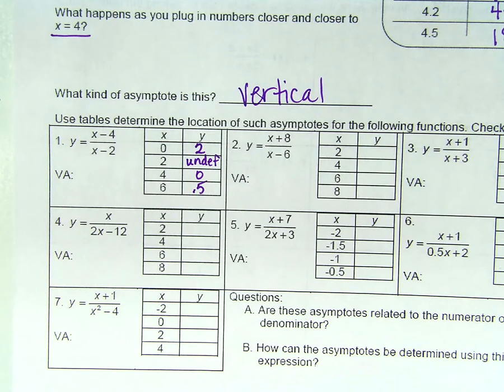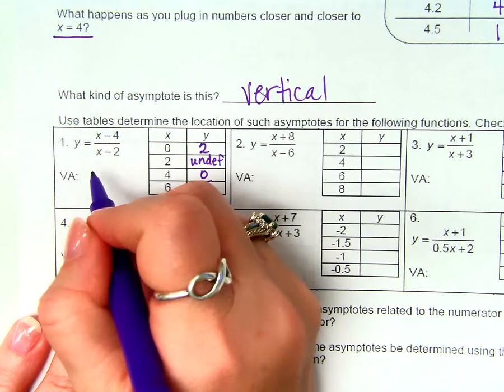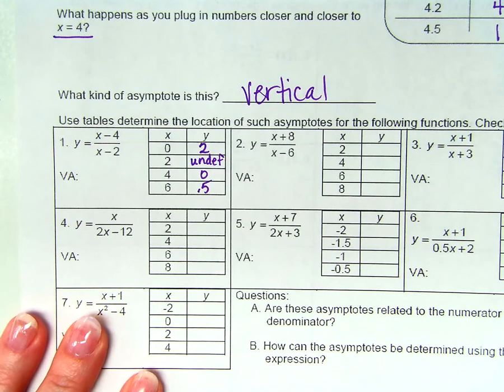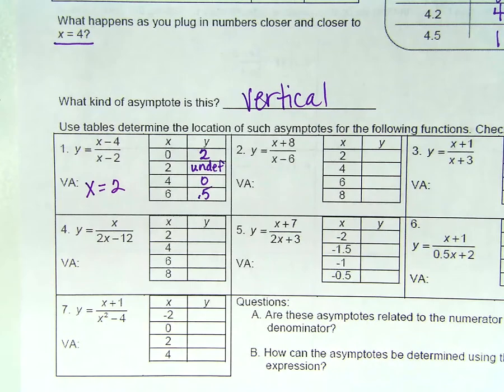I said, where's the vertical asymptote? And you said, at 2. Is 2 the equation of a line? No, it's not, right? So for a vertical asymptote, you can't just put 2. You have to tell me where it is. We know it's crossing the x-axis at 2. It's a line. We have to write it as the equation of a line. Does that make sense?